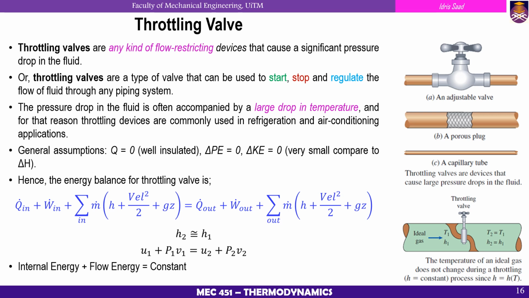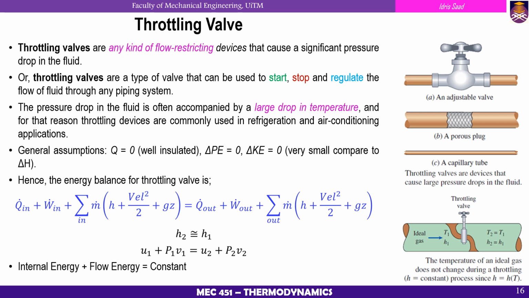Other examples in engineering are the porous plug and the capillary tube. The main functions of the throttling valve are to start the flow, to stop the flow, and also to regulate the flow of the fluid through any piping system.